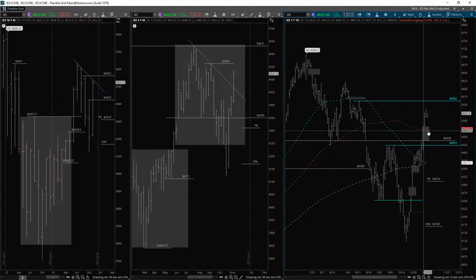Look at this, one, two, three, four gaps on the upper side and on the lower side, and all this range here has the 200 as a base. It's a better base coming from the 200. There could be some resistance in this area.